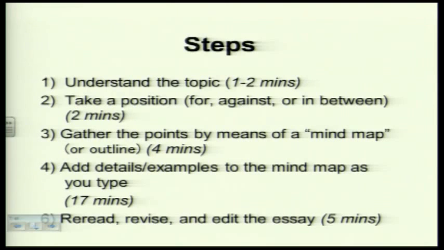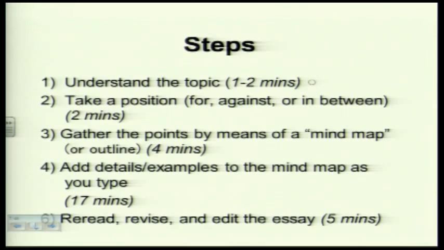For the steps to take in this section, I have about 5 steps for you to take, and I have also the time limits here as well. Within 30 minutes, you could do a lot. The first step is, when you're given a topic, you should try to understand the topic.